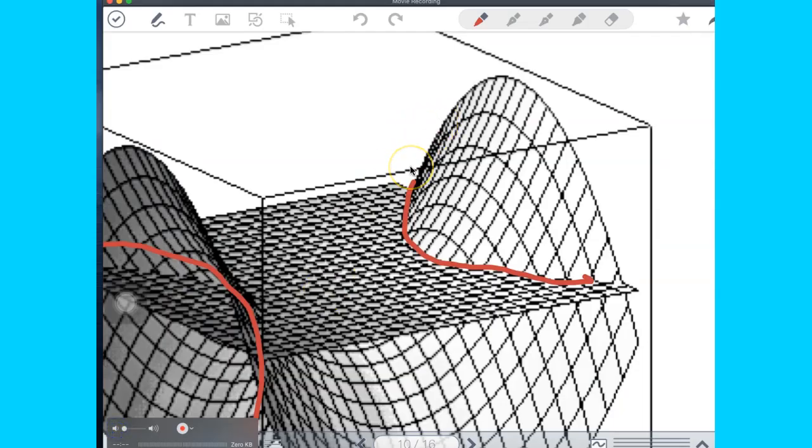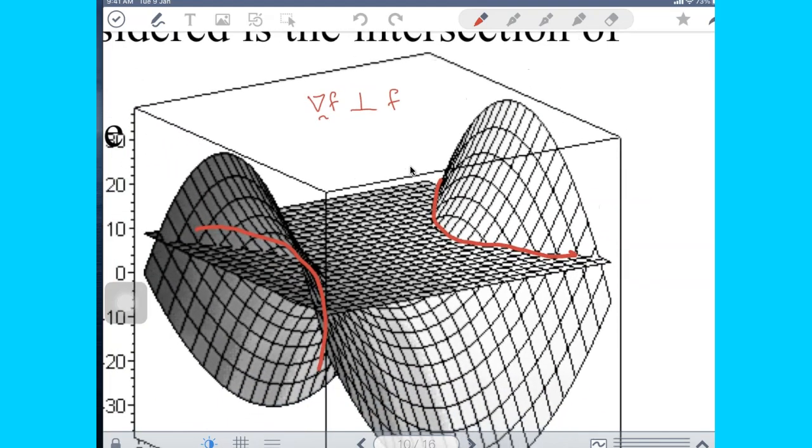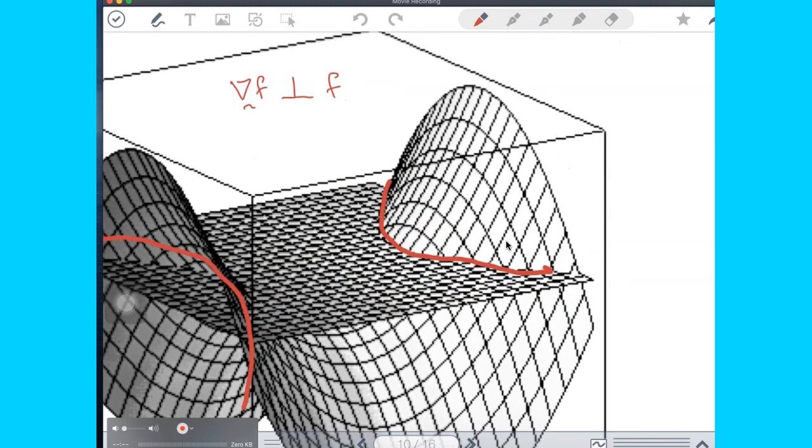So how can you say that the gradient f is perpendicular to f? Your f is hyperbolic. Just now you obtained that when z is equal to 9, somewhere over here, you choose any point on the surface, let's say over here.